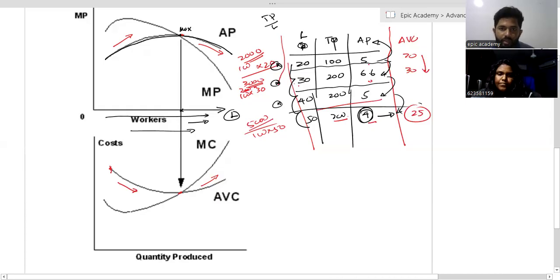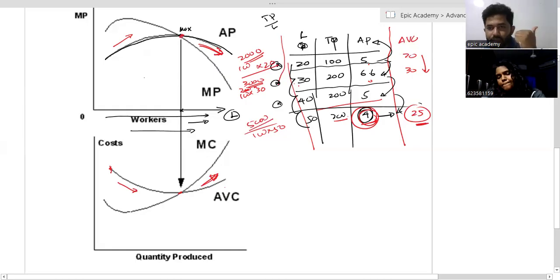That means when the average production reduces, what happens to the average variable cost? It increases. Yes. So then you have to maximize the average production, isn't it? Yes.